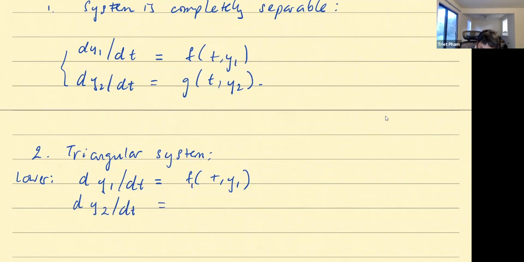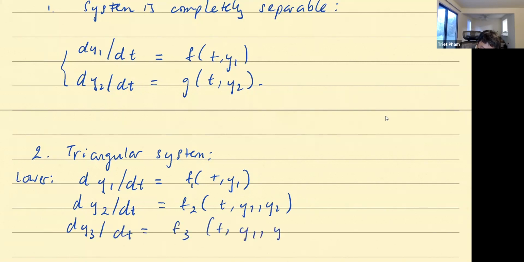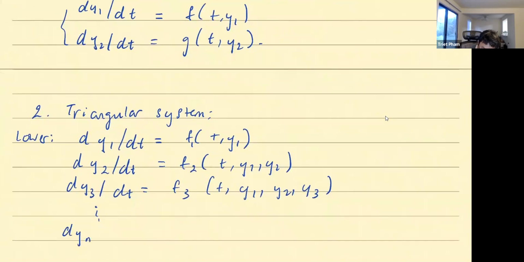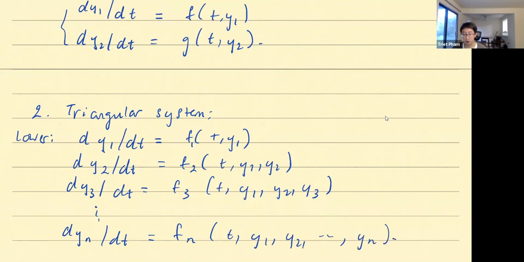Let's call this F1, F2 of t, y1, y2, dy3, F3 of t, y1, y2, y3, etc. So first of all, do you understand what's going on in this system?